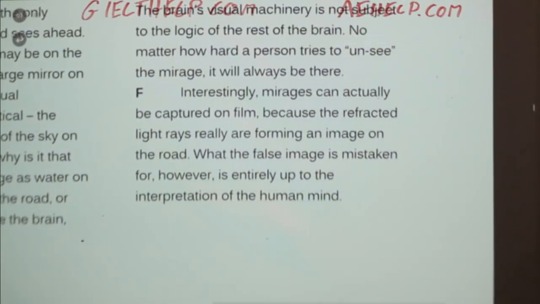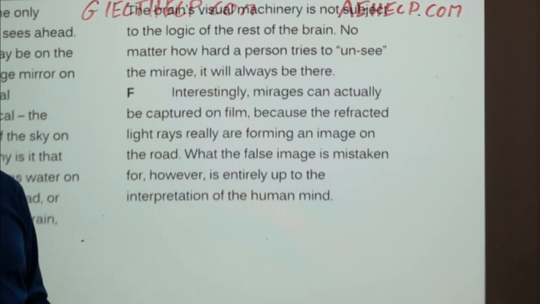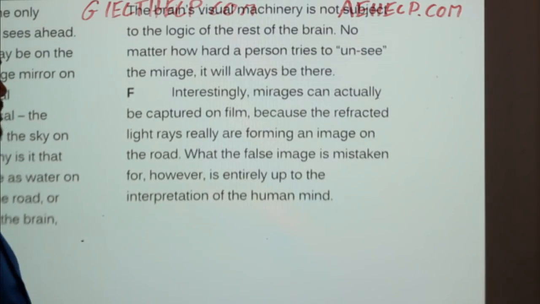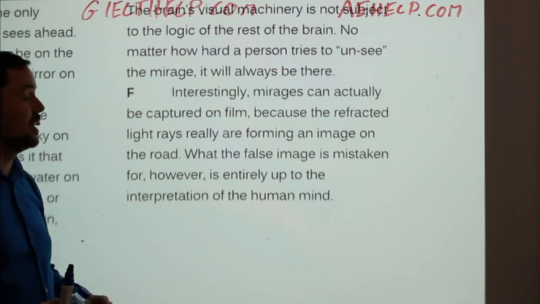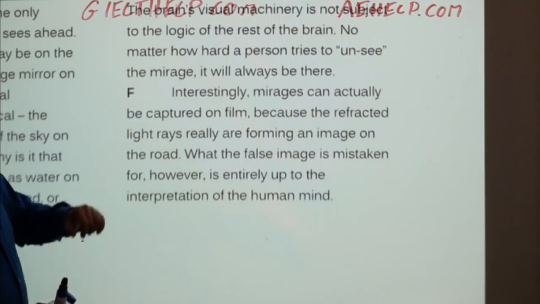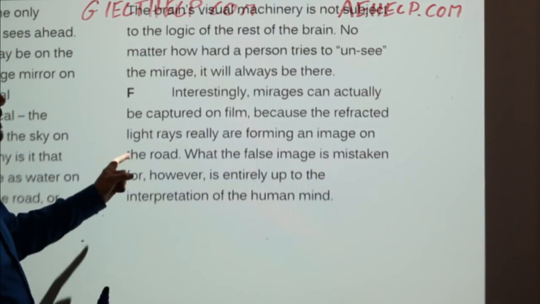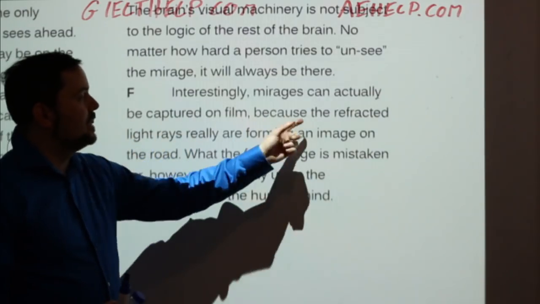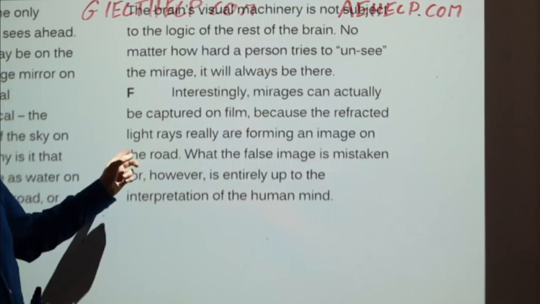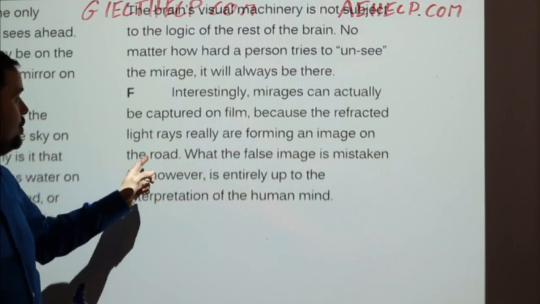Here we go, followed by a very nice short paragraph for those of you who were a little bit worried about the long paragraph previously. So here's one that's nice and short and quick, but could be more difficult to answer correctly. Paragraph F. Interestingly, mirages can actually be captured on film because the refracted light rays really are forming an image on the road.